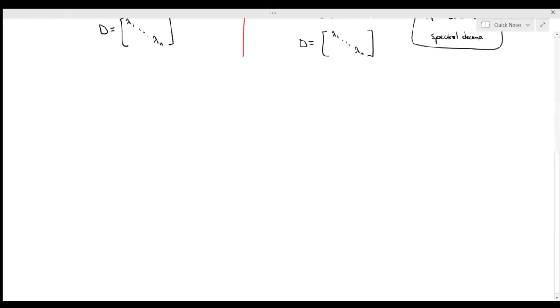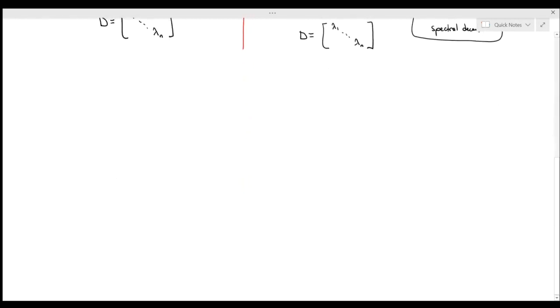Okay, so now I'll start talking about the new material. First I'm going to define a couple of notions. All of these are going to be specific to symmetric matrices, so we'll assume A is symmetric.